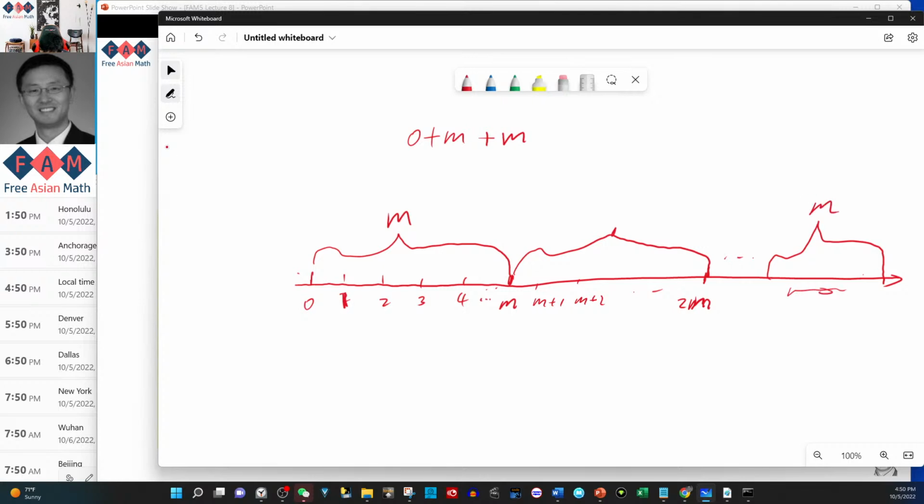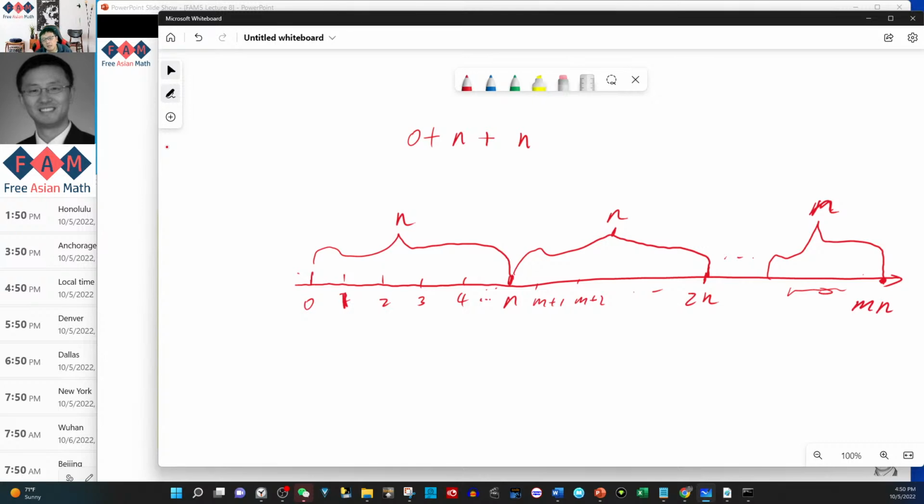So at this point, actually, I'm sorry, it should be n. We are counting, yeah, sometimes the multiplier and the multiplicand can be easily confused. So everything here should be labeled as m to n, and this is n copy, and this is n copy, and finally you add the last copy mn, and that's about it.